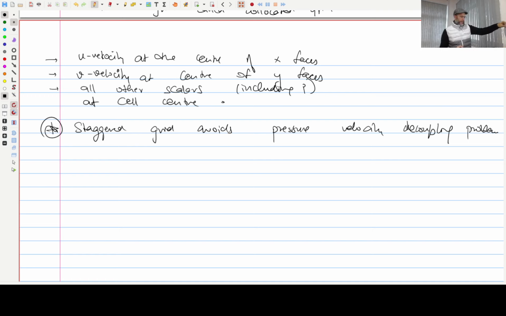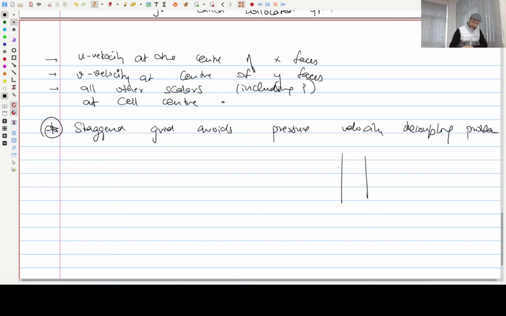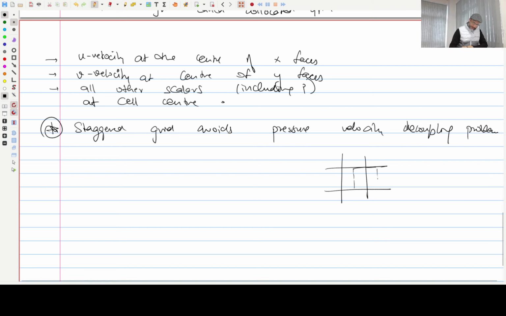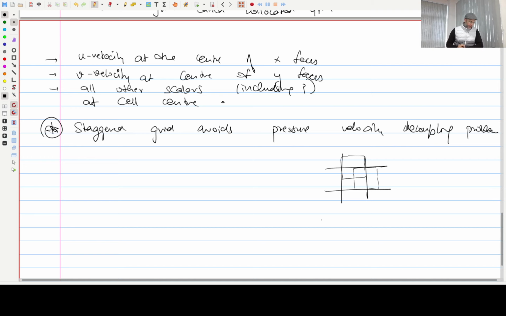So let's see how this kind of grid avoids decoupling. Let's look at the first equation, the u momentum equation.